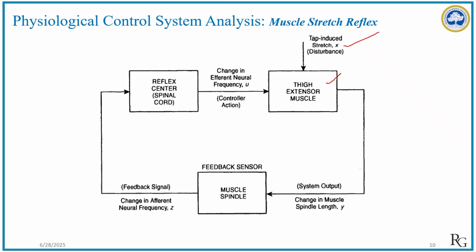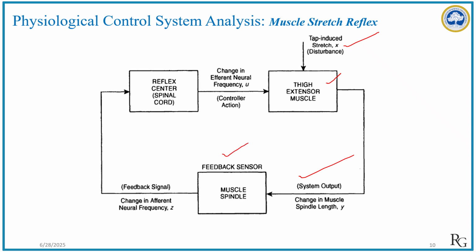Now, because of the tap to the knee, a proportionate amount of stretch Y in the muscle spindles, which act as a feedback sensor, is generated. So that is the feedback sensor.